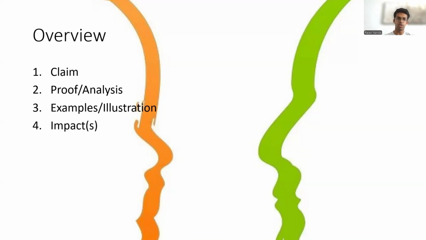Okay, on the argument side, every argument that you give should have these 4 bits. First of all, there should be a claim. This is just the overall headline of your argument, what you're trying to prove, what you're trying to achieve. This is kind of the whole goal of your argument.